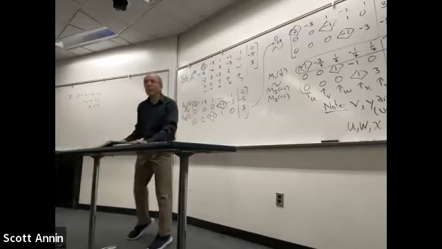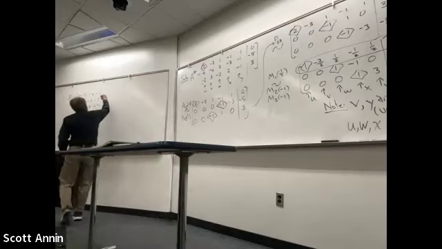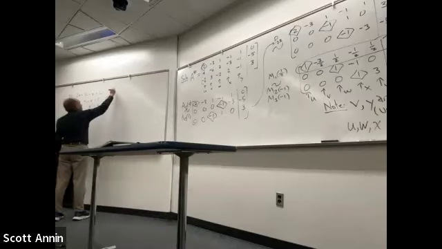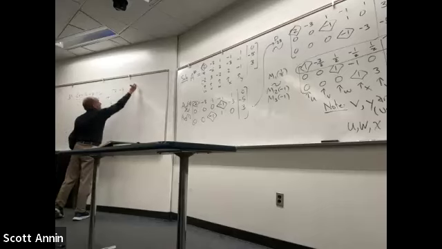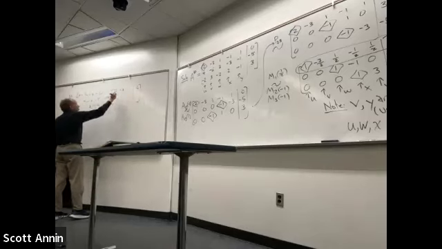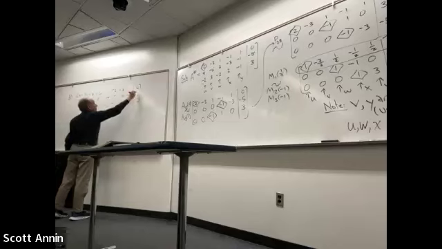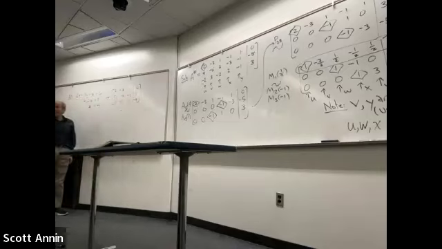We wrote that one down on Tuesday. If we put this into an augmented matrix, guys, if we just grab these coefficients and write down the augmented matrix for this system, it would look like that.